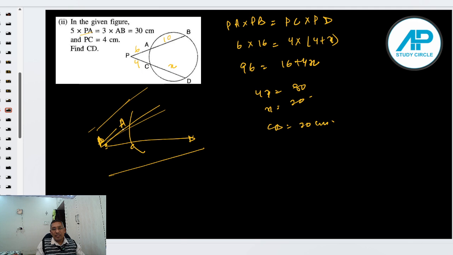So how to remember? The outer part and the complete chord, the outer part and the complete chord. That's how you get the values of these chords. PA into PB equals PC into PD. 6 into 16 equal to 4 into 4 plus X, that gives you CD, X equals 20.